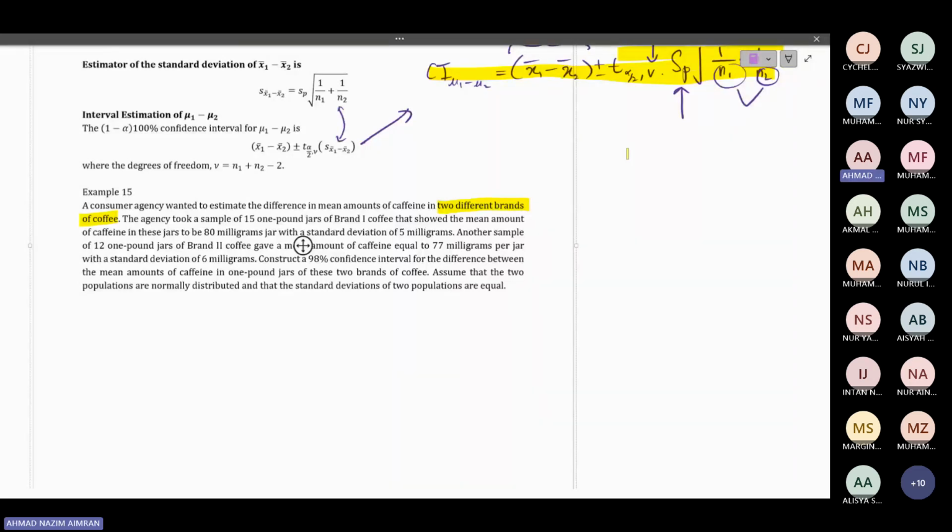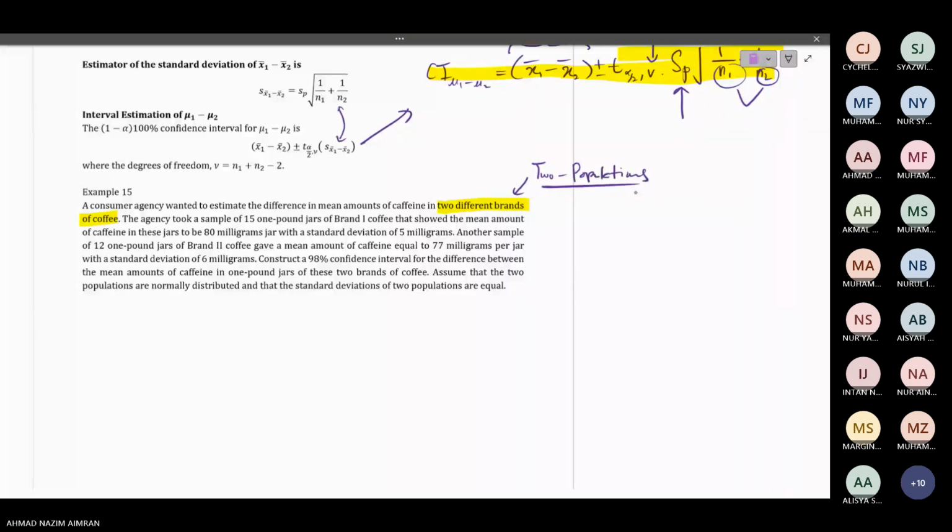And you can also identify whether the standard deviations of the population are known or unknown. Semua tu you kena identify sendiri. Now, two brands of coffee. So from here, two brands. So you should have in mind that this is the case for two populations.